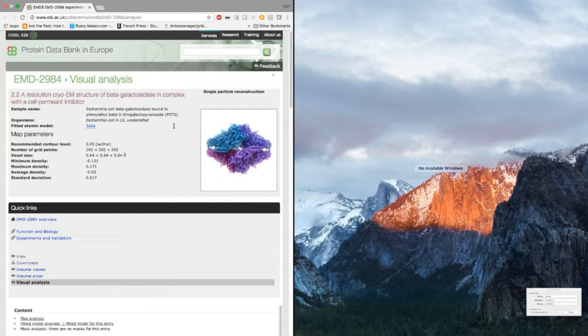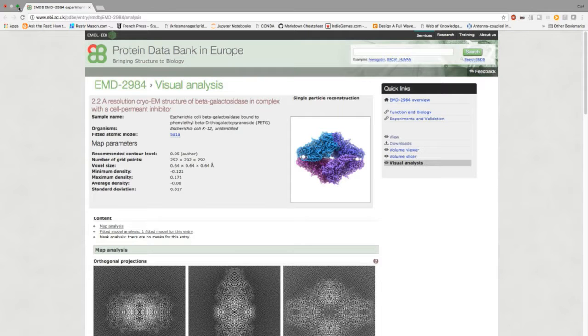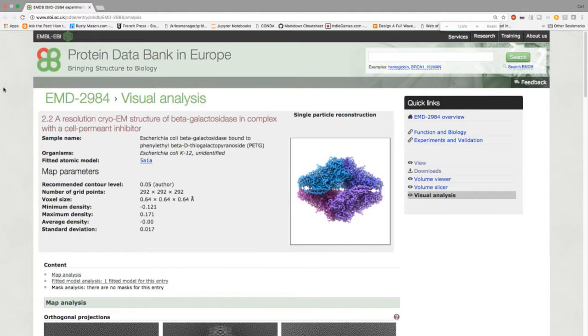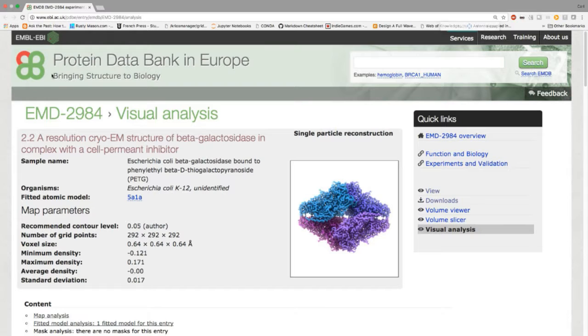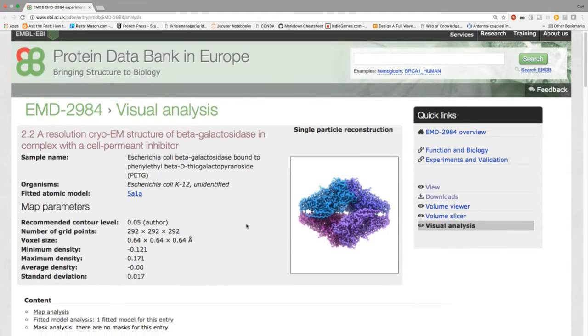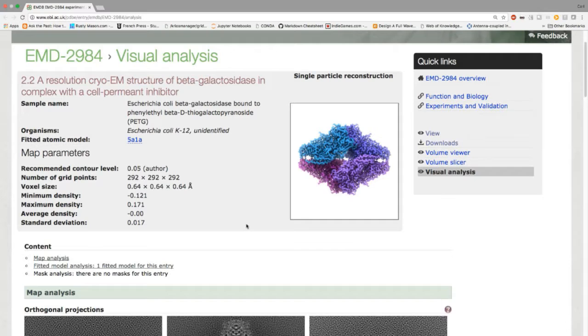Oh, okay. So I don't know if you're familiar with PDBE's visual analysis pages. Basically we're planning to incorporate what you see on these pages in these reports.